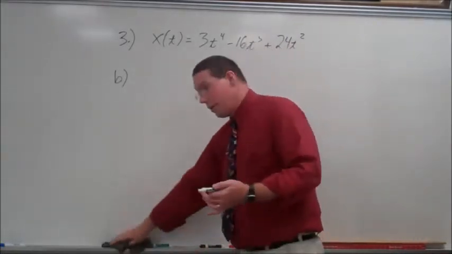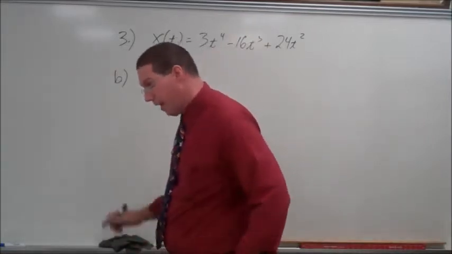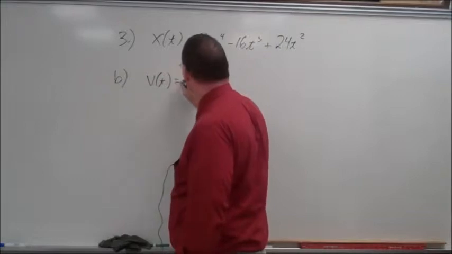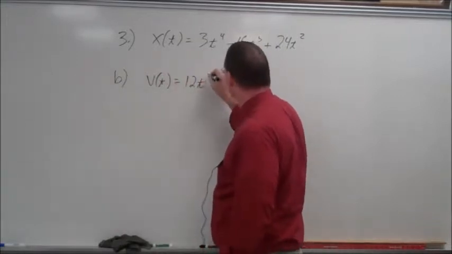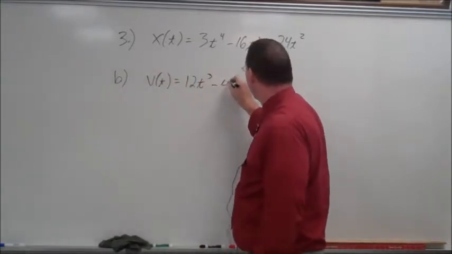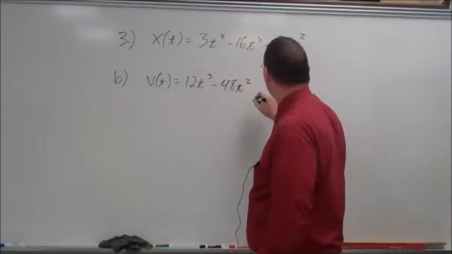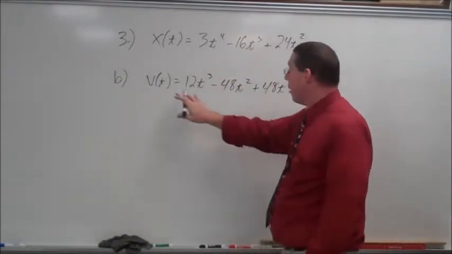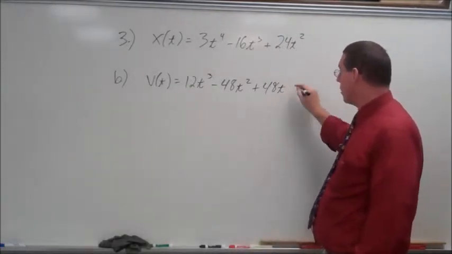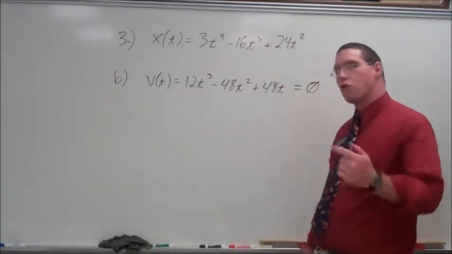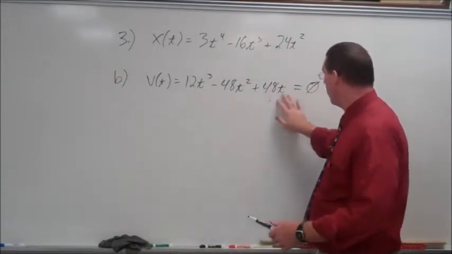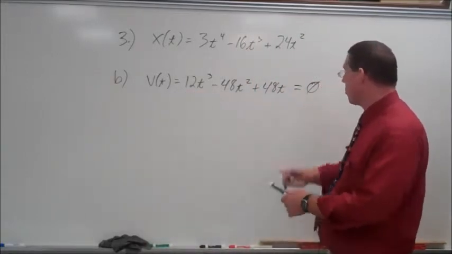In order to do that, we need the velocity function, which we just found in part A. Velocity, as you remember, is 12t cubed minus 48t squared plus 48t. To find where it's at rest, we set this equal to 0 and solve for t. We want to know what t values will make this function equal 0.